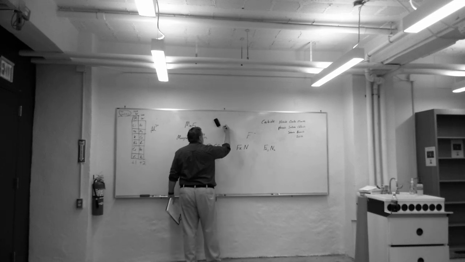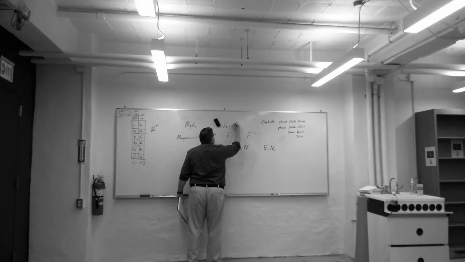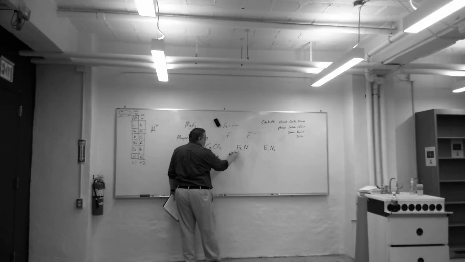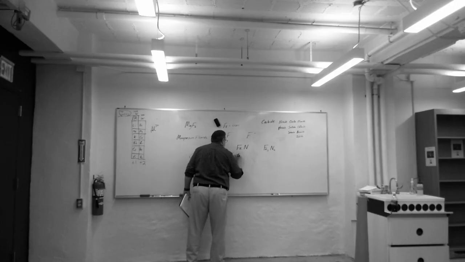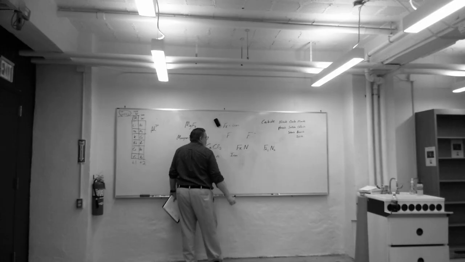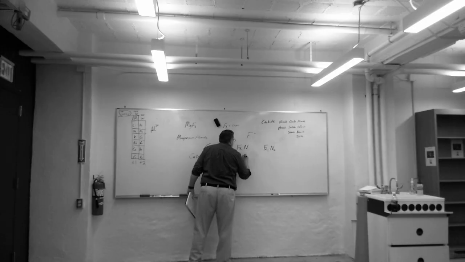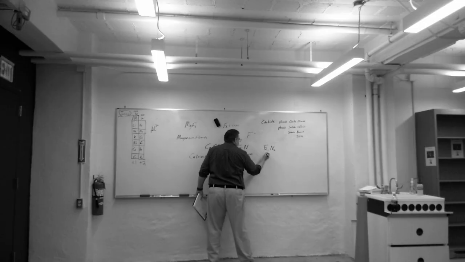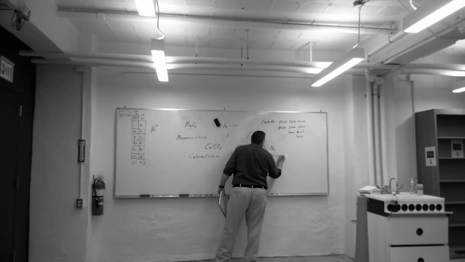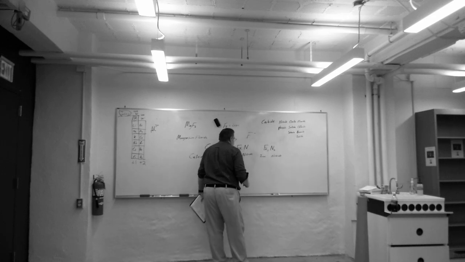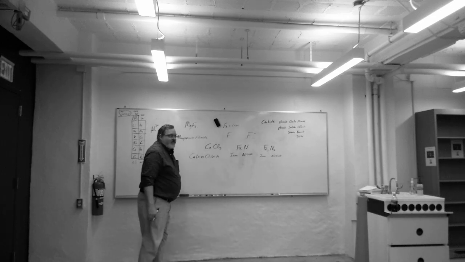Oh, Fe is iron. So we use the word iron for those. So that's the metal, it's a transition metal. You're going to go iron what? Nitride. I'm going to leave a gap here. And this one, you would come up with the same name. Iron nitride.